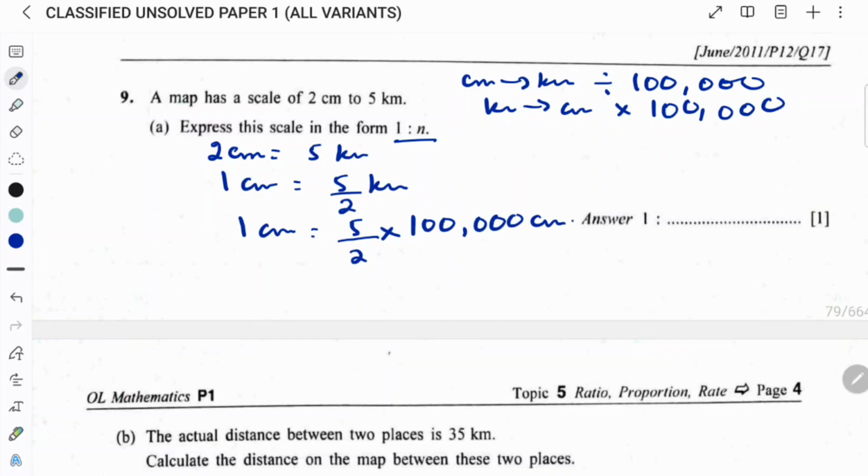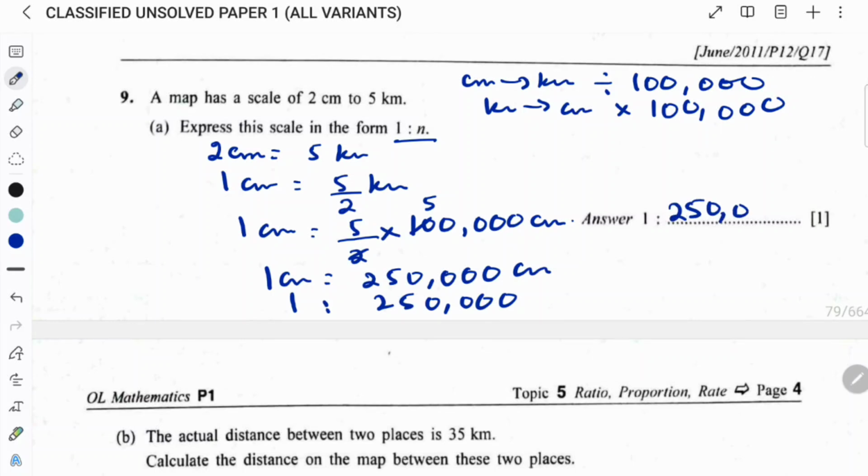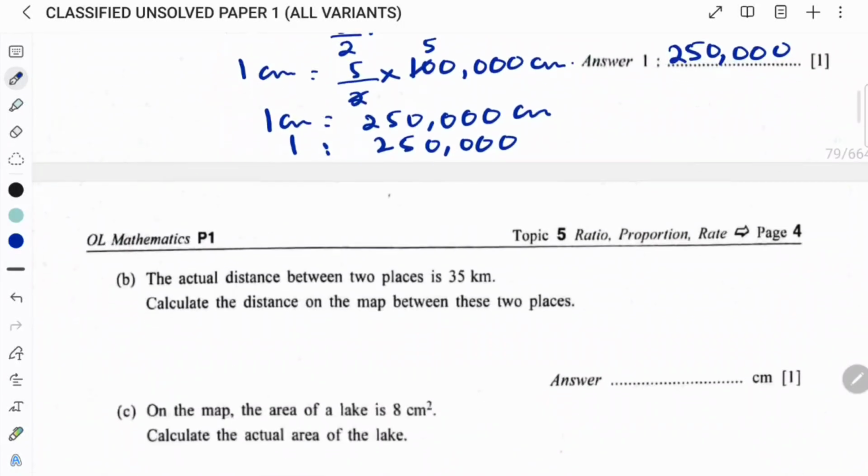Now we can write down centimeters. 2 times 5 is 10, so it becomes 250,000. So 1 centimeter is equal to 250,000 centimeters. So 1 is to 250,000. You can write it in ratio form, 1:250,000.